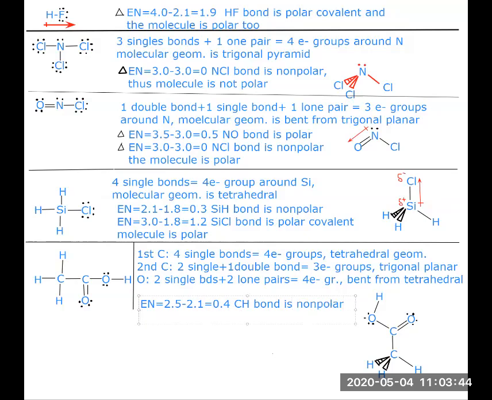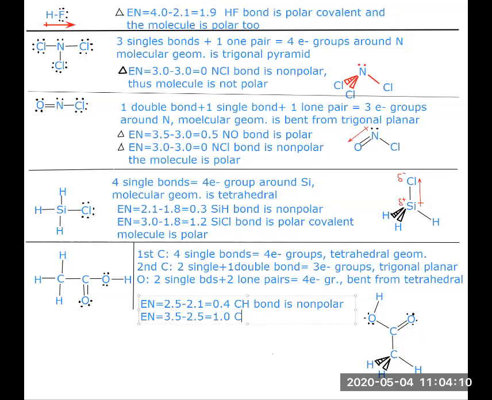Next, electronegativity difference between CO. So oxygen is quite electronegative with 3.5 minus carbon 2.5. That's a difference of 1.0. And if you look at the middle table here, a difference of 1 in electronegativity makes it a polar bond.